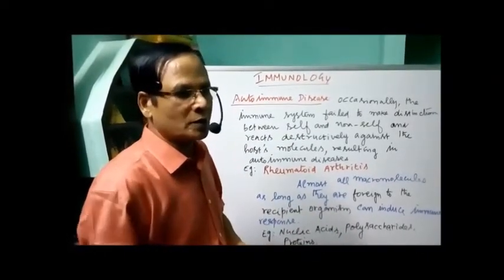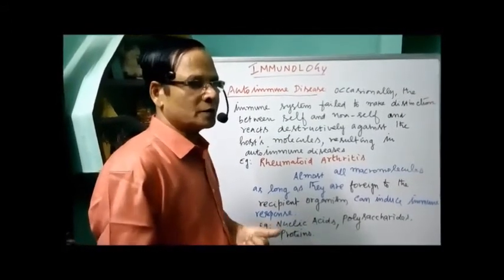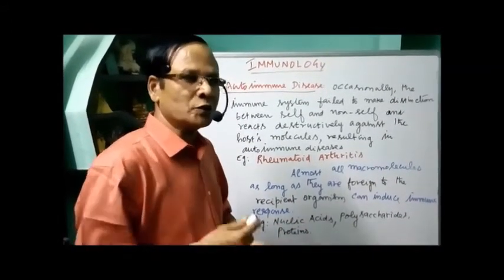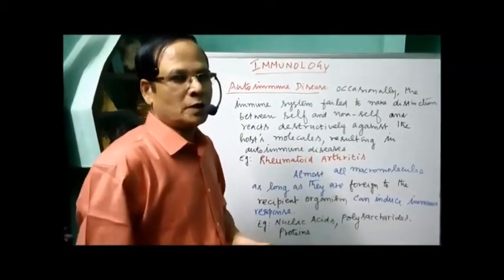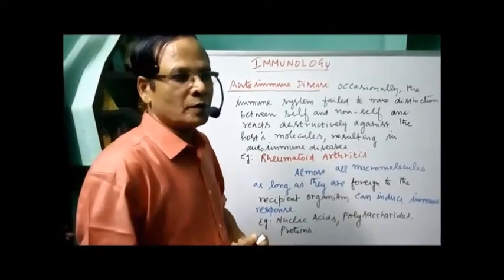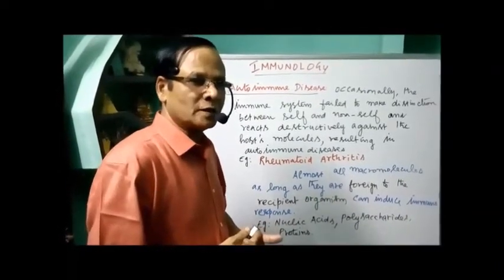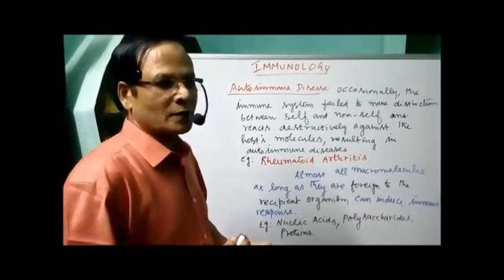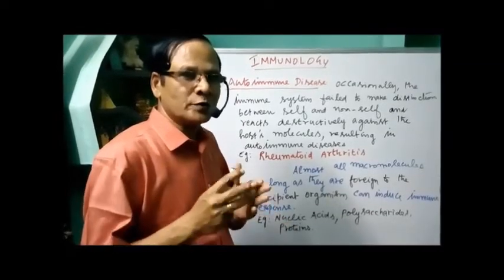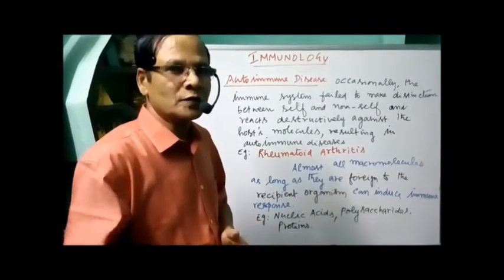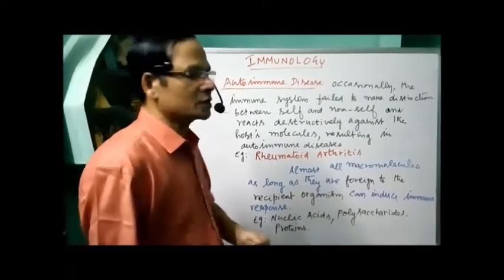Also, synthetic organic chemicals can induce the immune response in the recipient's body. Such substances we can call foreign substances. Any substance which can stimulate an immune response in the host body is called a foreign substance. We have examples of nucleic acids, polysaccharides and proteins.